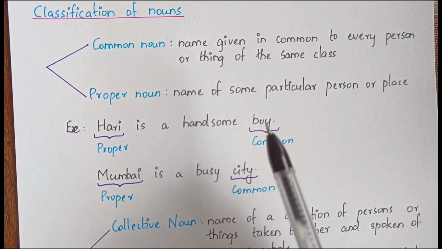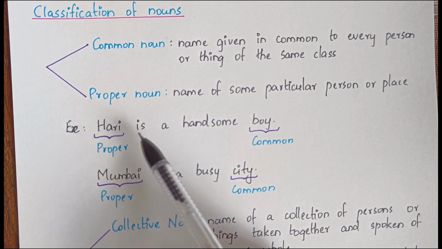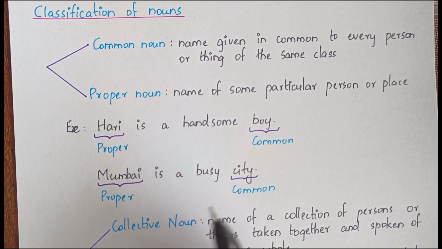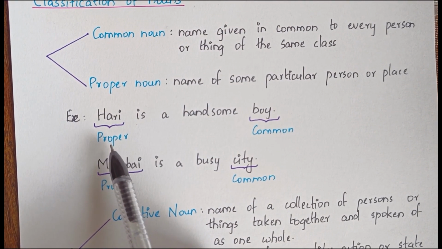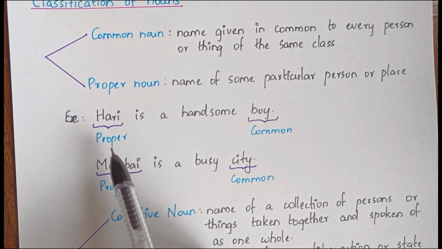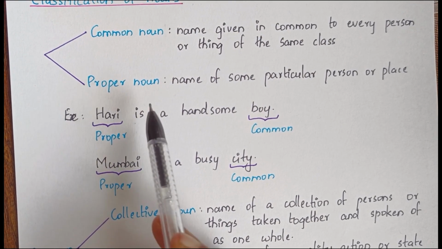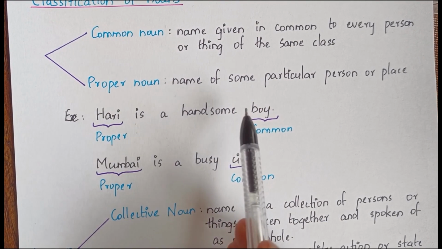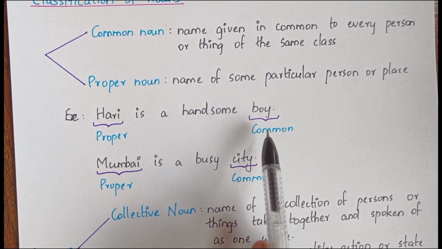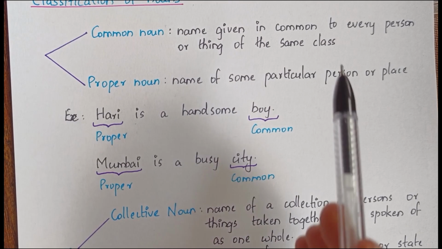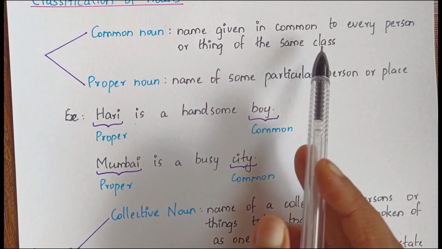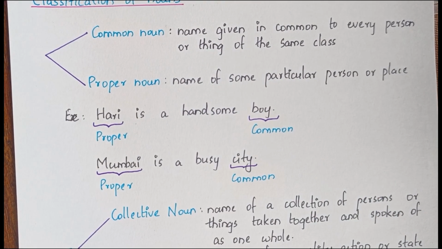So let's understand this using an example. For example, Hari is a handsome boy. Here, Hari is actually a proper noun. Why? Because Hari is the name of a particular person. And here, boy is a common noun because boy can be given to anybody who belongs to the same class.